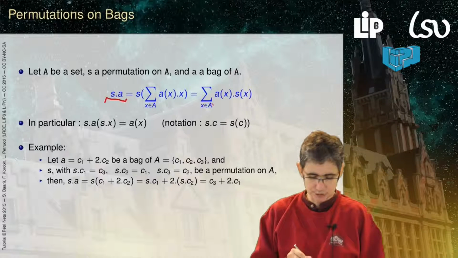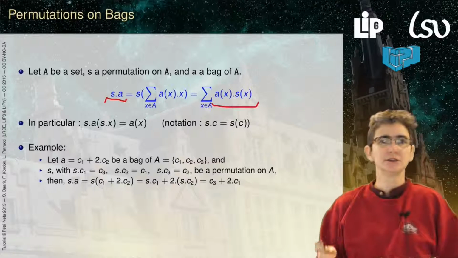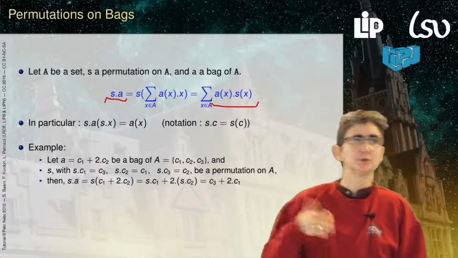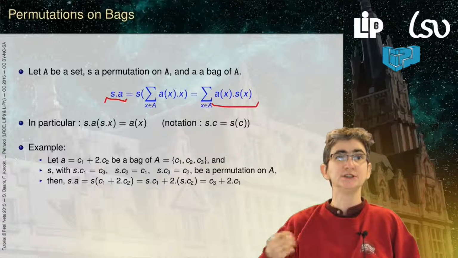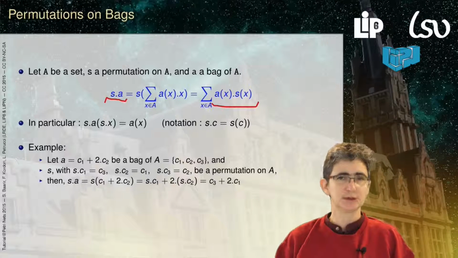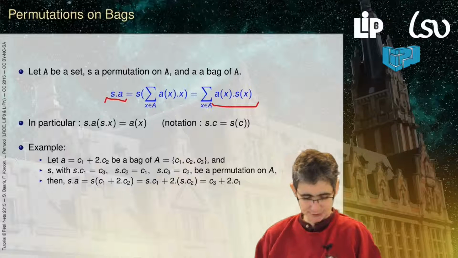Right, which is what you have here. So you can apply it to a bag, or you can apply it to the individual elements one by one, and that is exactly the same result.